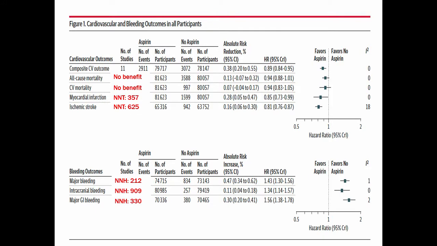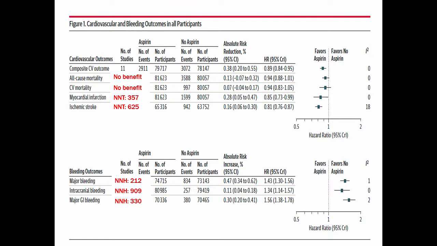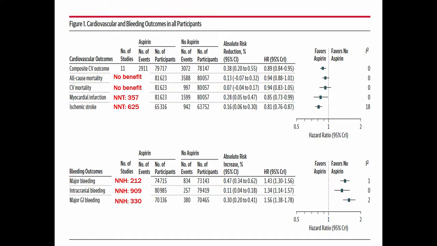So one patient might tell you that, we have a lot of heart attack in my family. My father died from heart attack. My grandmother died from heart attack. I do not want to have a heart attack, and I am willing to take the risk of bleeding just to prevent heart attack. That's the right decision. That patient is okay to take aspirin. Someone might say, I am terrified of bleeding.